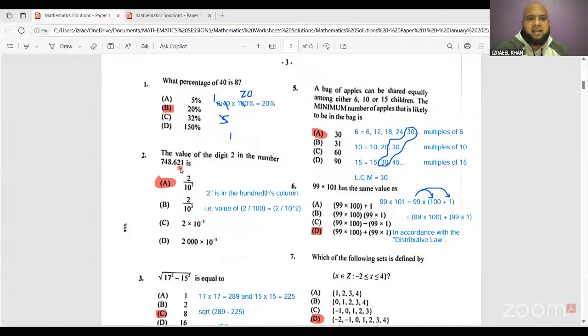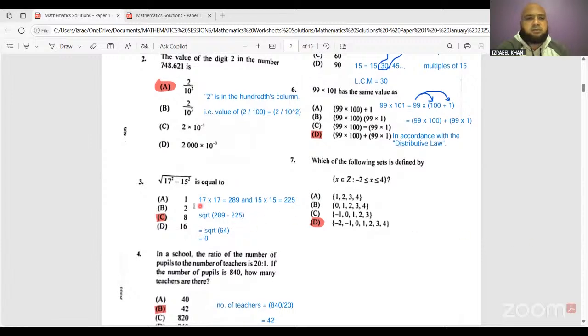So 2 is in your hundredths column. It will come like 2 over 100, but we could see there's not exactly that, unless you convert the 100 to 10 squared. So the answer is 2 over 100, or 2 over 10 squared, which is E. 10 squared is 100, so 2 over 10 squared.